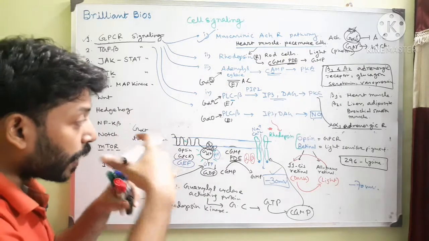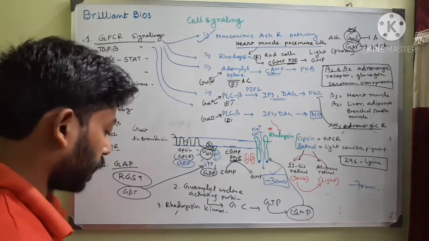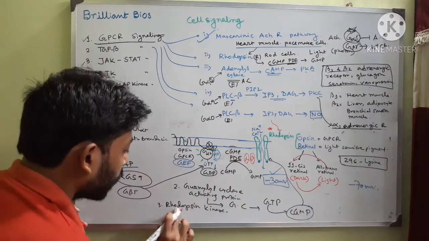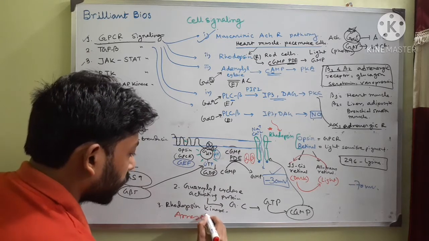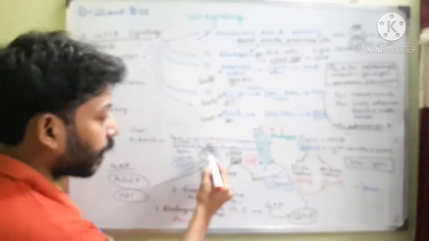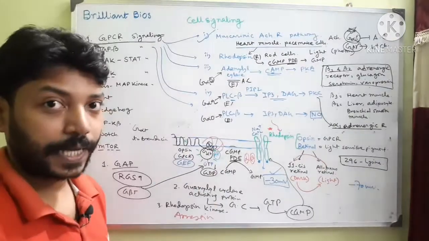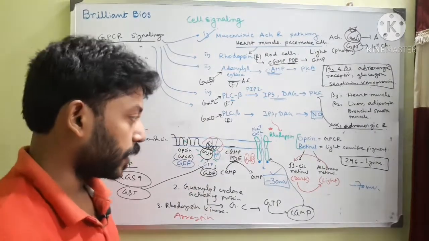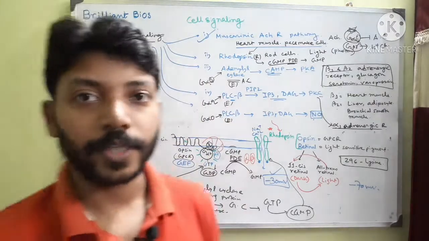Then when this phosphorylation occurs, a protein called arrestin binds with this phosphate group. When arrestin binds with this phosphate group, G alpha T GTP cannot associate with this GPCR and cannot get activated. So this is all about the GPCR signaling in rod cells by rhodopsins.